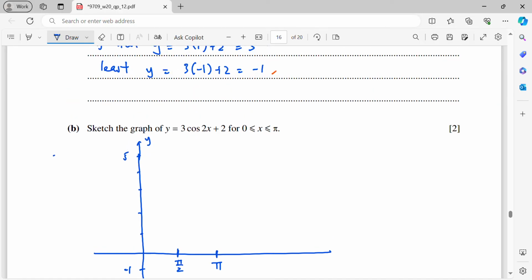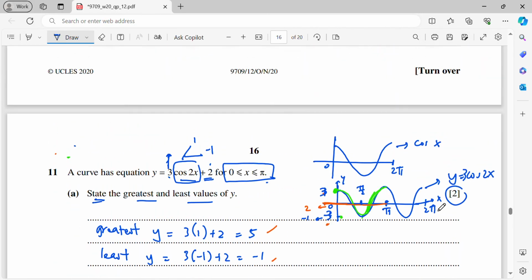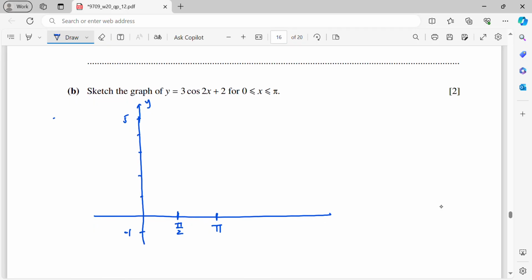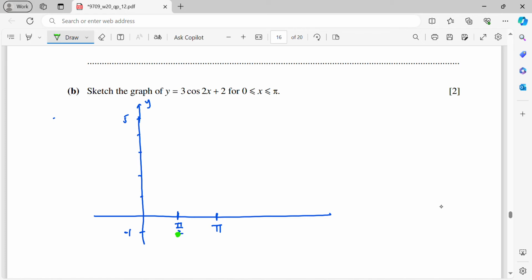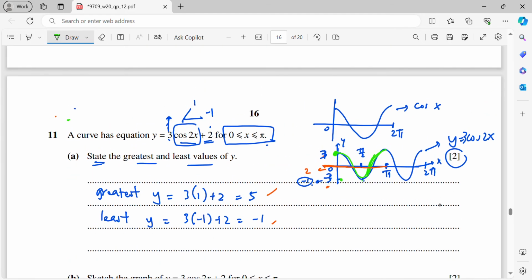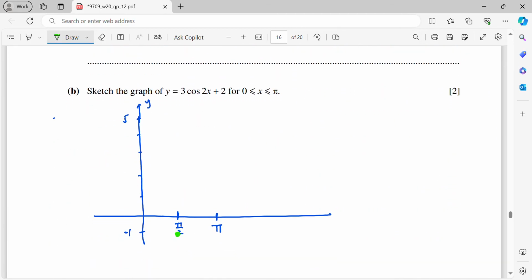So now, when you look at this graph, pi over 2, I'll get -1. Okay, pi over 2, I get -1. When it is 0, okay, it will be, this one becomes 5. So 0 and pi becomes 5, the y values. Okay, so then this is 2. It looks like this is a reference line.